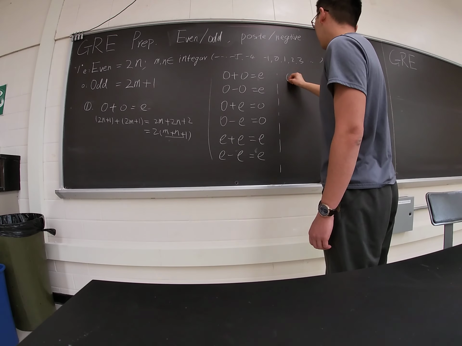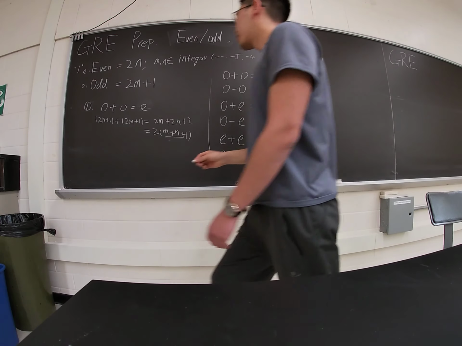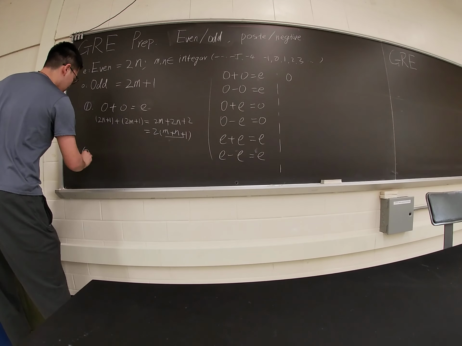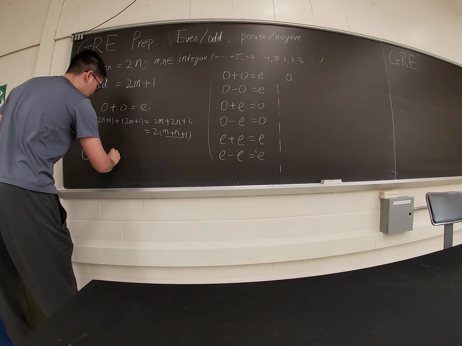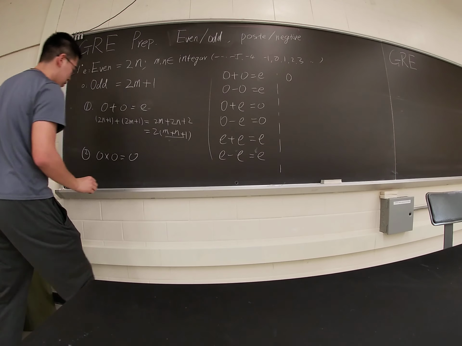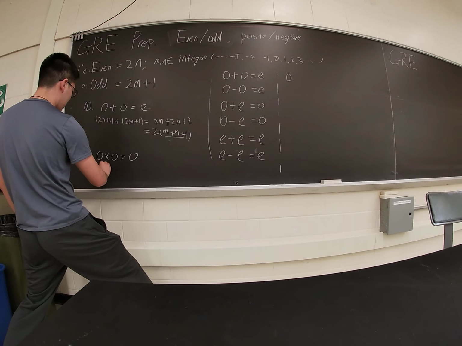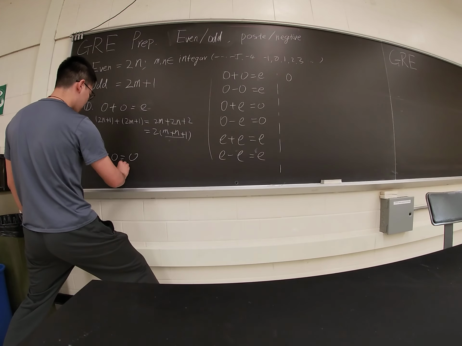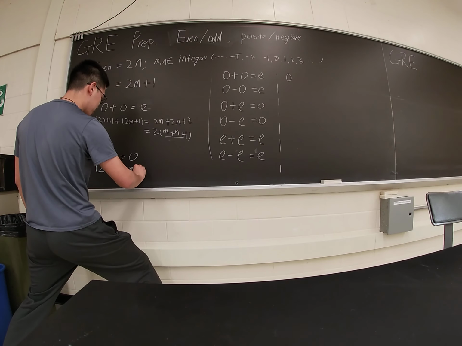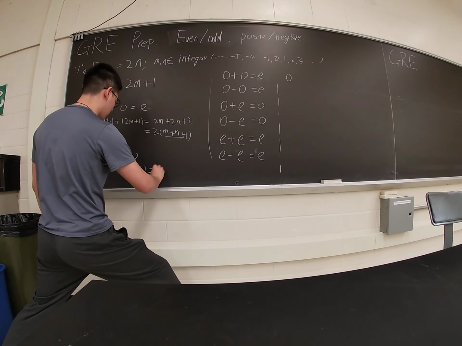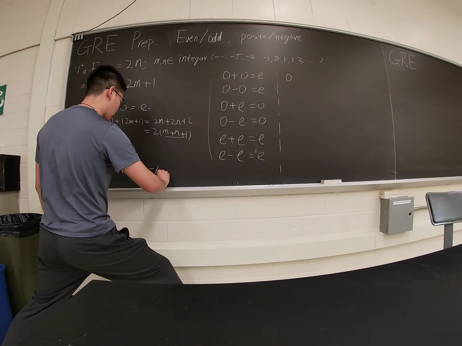So now let's try multiplication. For instance, odd multiplied by odd is odd. This is a little bit more tricky. 2m plus 1 times 2n plus 1 equals 4mn plus 2n plus 2m plus 1.